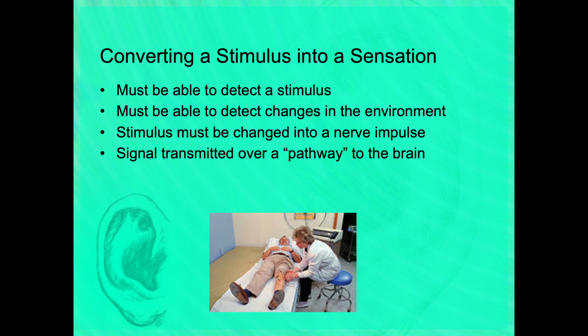Now, if your neurologic system is not intact because maybe your patient has had a stroke or even a vertebral tear or vertebral disruption, then they're not going to be able to detect any stimulus that comes into the senses. When I refer to stimulus, I mean things that come into your body that you can sense, or things that come into your nose that you can smell, or sight, or any of those sense organs.